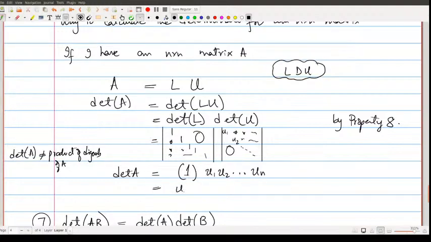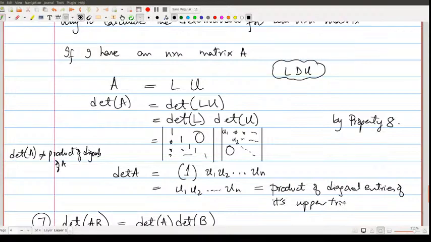So the determinant of A is U1, U2, UN, or in other words, the product of diagonal entries of its upper triangular factor. Okay.